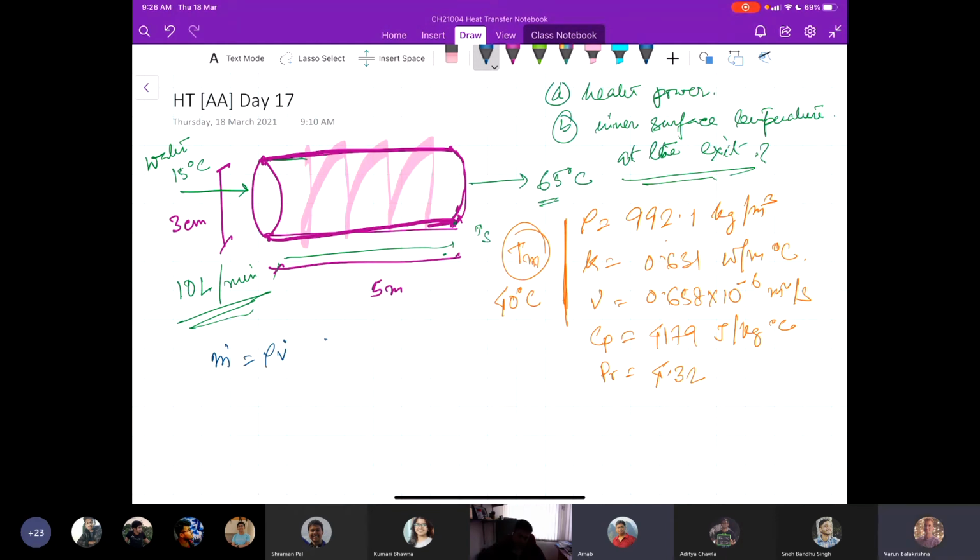So 10 liter per minute into the area. So what area? Pi D square by 4. It's all already given. So volumetric flow rate multiplied by area, what would it give you? What is the unit of volumetric flow rate in SI?